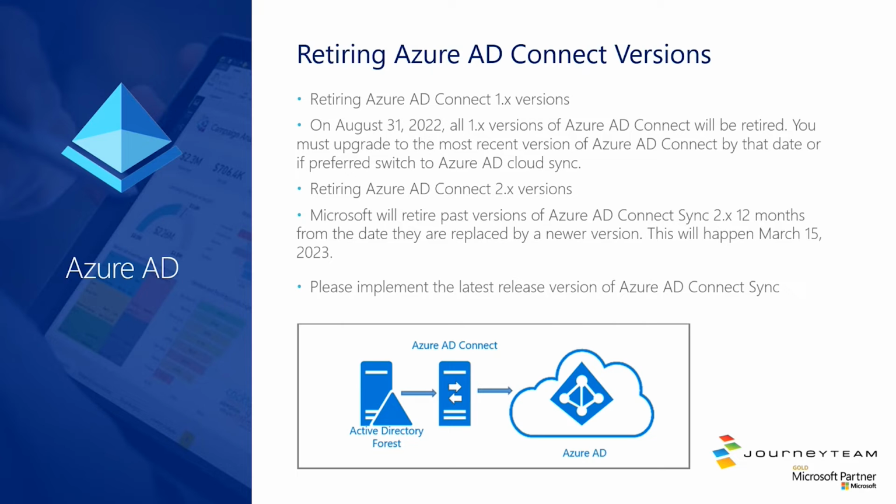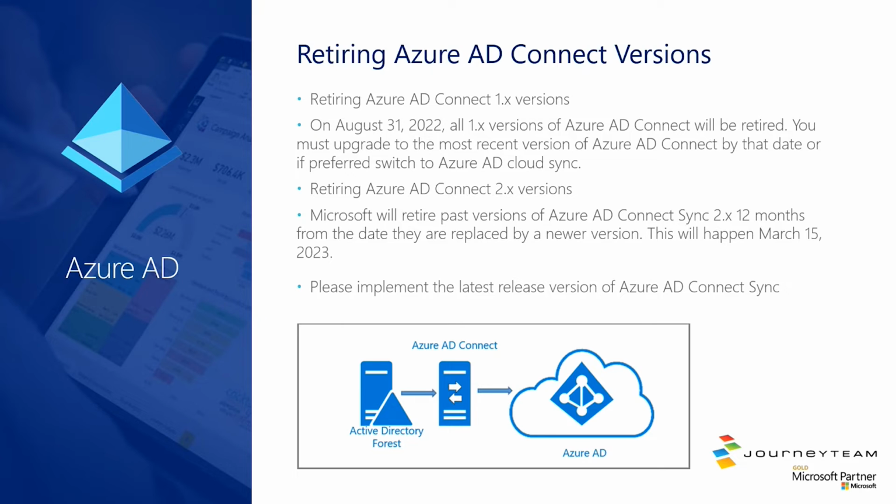Okay, and that's going to be coming up very, very soon, into this month. Okay. You need to be on the 2.x version of Azure AD Connect, which you need to be at least on 2019 or newer. Like could be 2016. There's just some PowerShell versions that it has to support there.